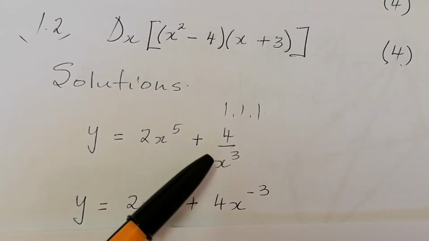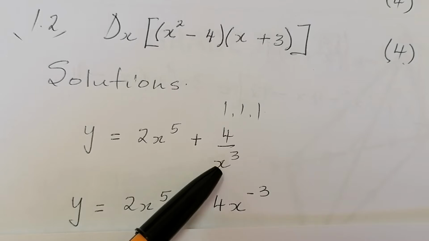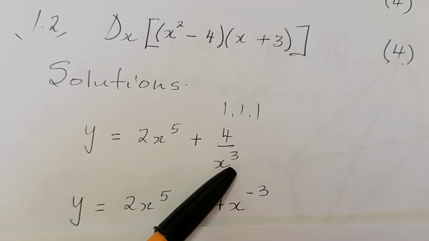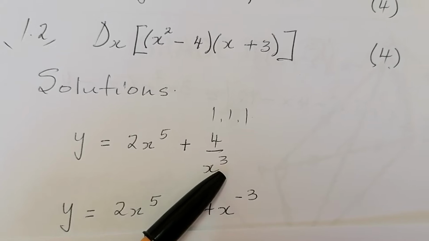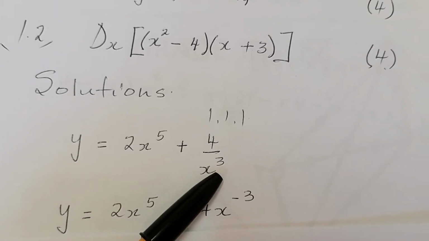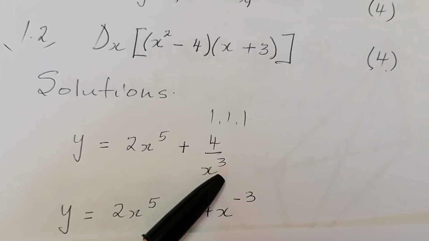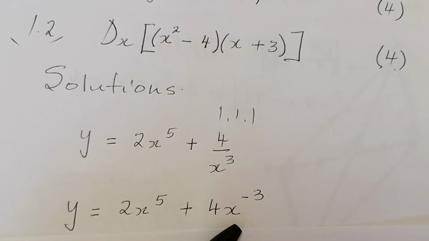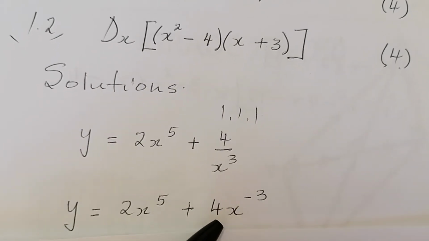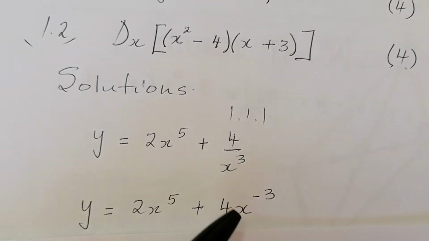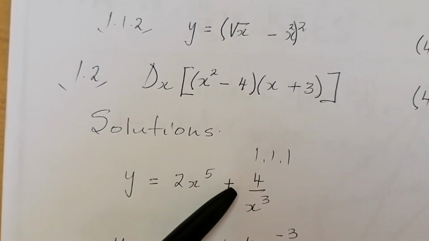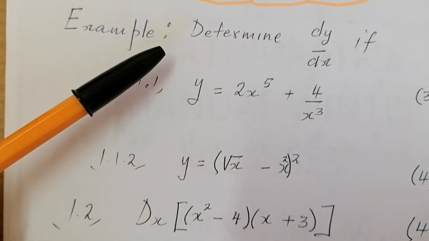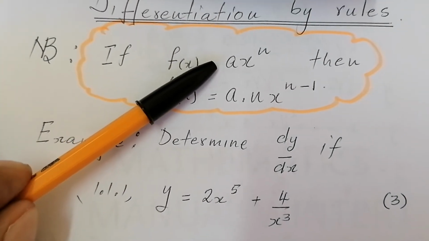In this case, 4 divided by x to power 3 is the same as 4 multiplied by 1 divided by x to power 3, which is x to power minus 3 multiplied by 4. Now, if you look at this, I have managed to write this in this form.